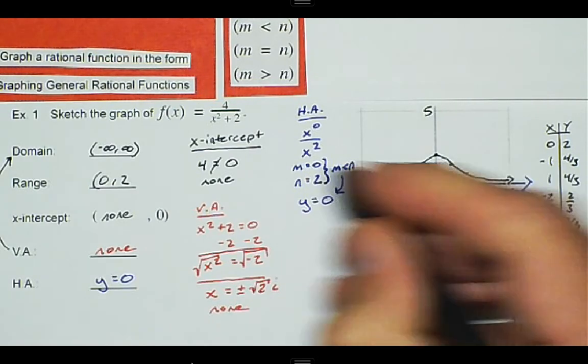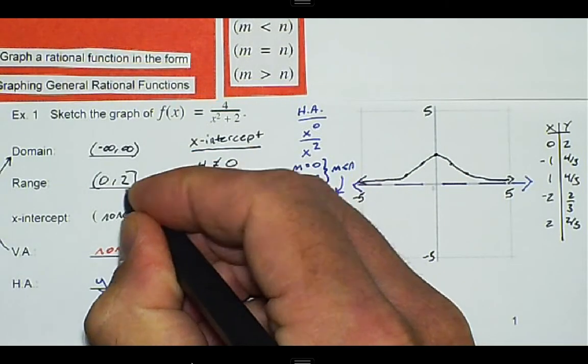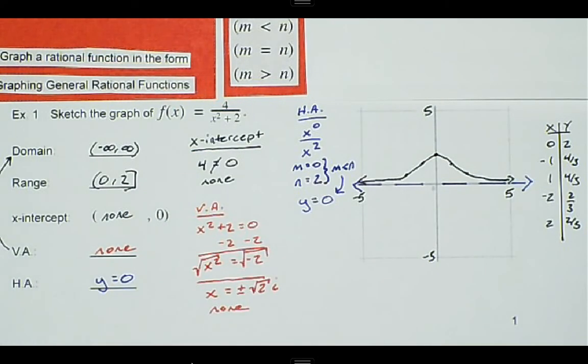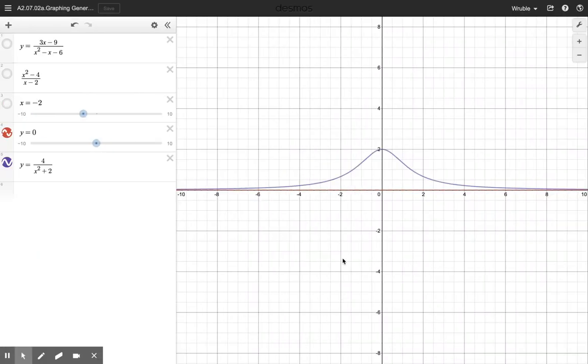However, 2 is included, so in that case, we will use a bracket. And then we can take a look at what the graph looks like, and we can see it graphed here in the purple. We have our asymptote at y = 0, and then we have the function graphed here in purple with our y-intercept at 2.